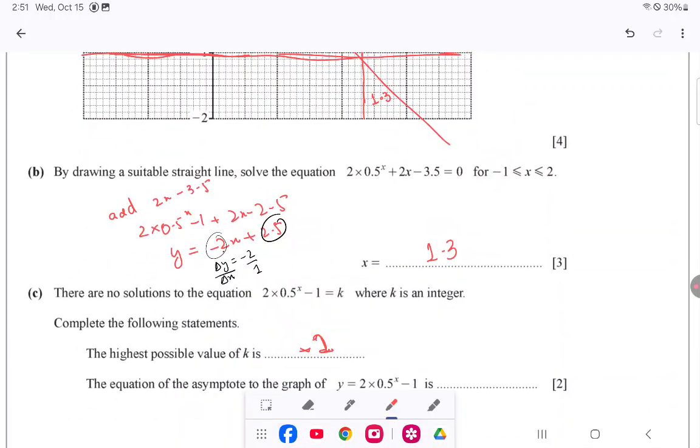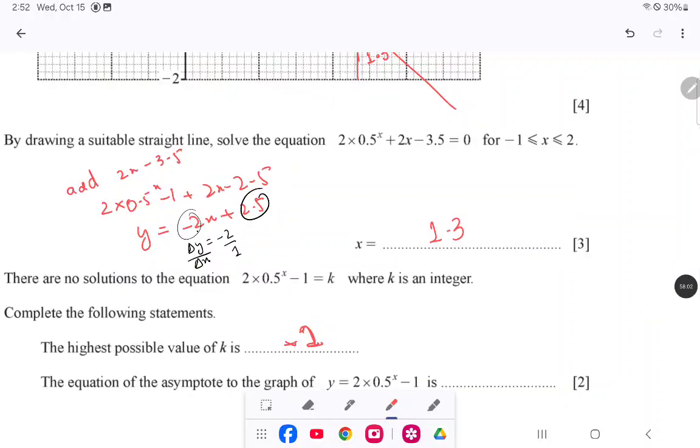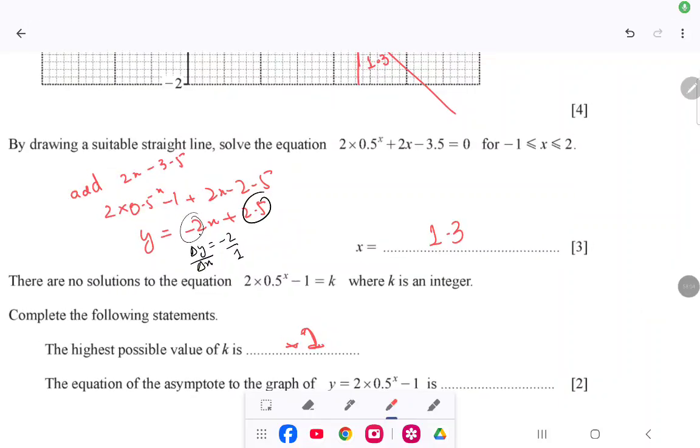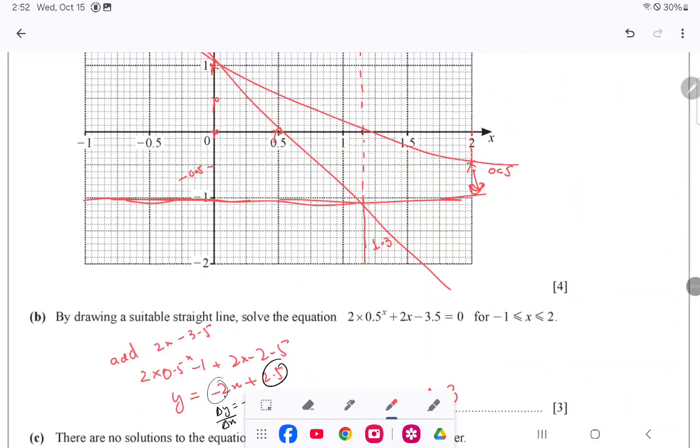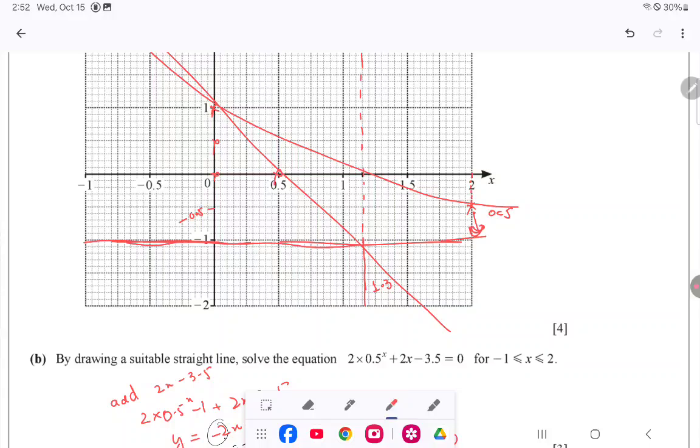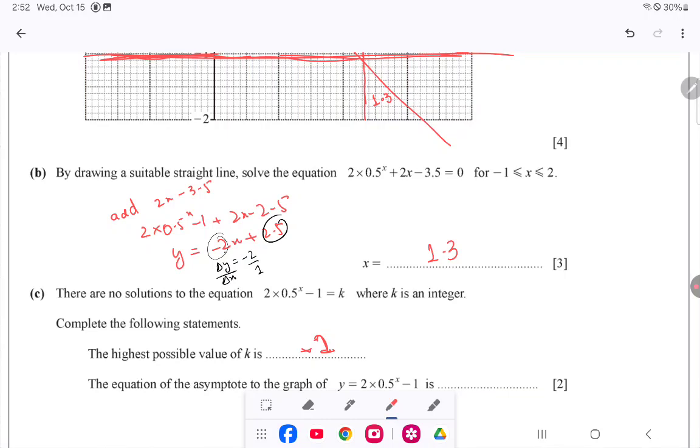Now the equation of asymptotes to the graph. Since the value of k which we consider is negative 1, at that point we can say that the answer does not exist, so we can say that the equation of the asymptote of the graph of the given function will also be negative 1 for the k.